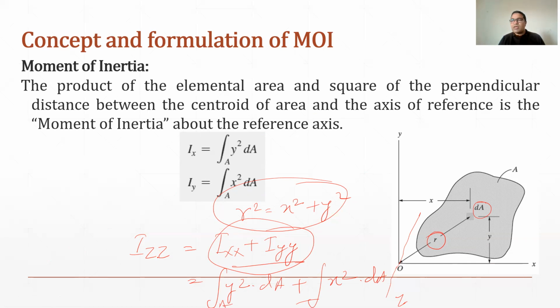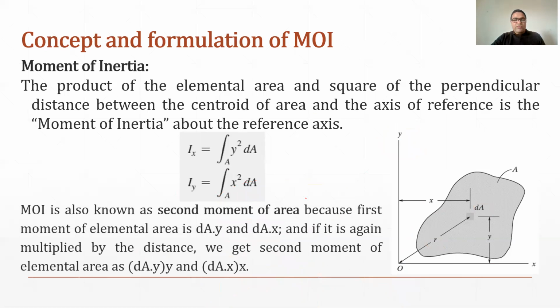According to the perpendicular axis theorem, the moment of inertia about the z-axis, or the polar axis, is the sum of the moments of inertia about the x-axis and y-axis. Moment of inertia is also known as second moment of area because the first moment of elemental area is y dA, which is called moment of area. If it is multiplied again by the distance, we get the second moment of area, which is called the moment of inertia.